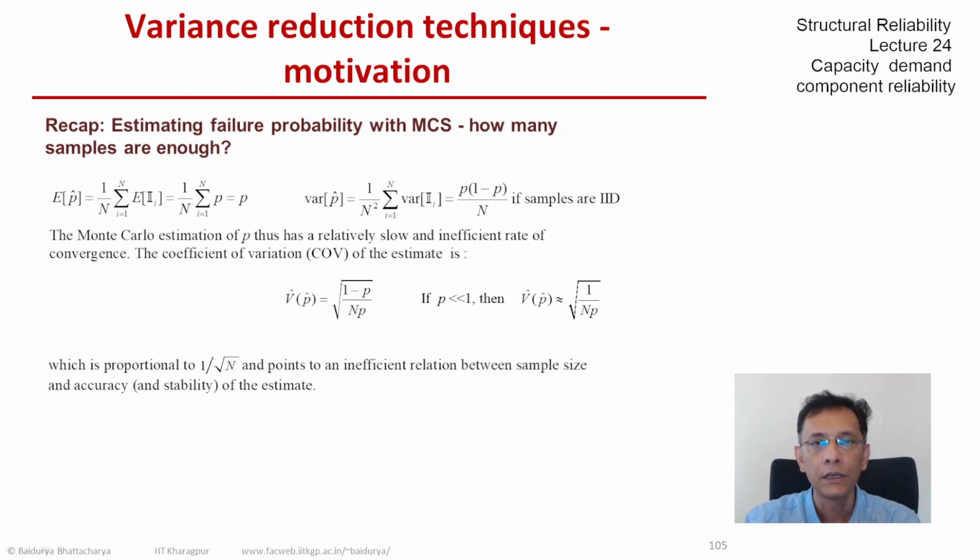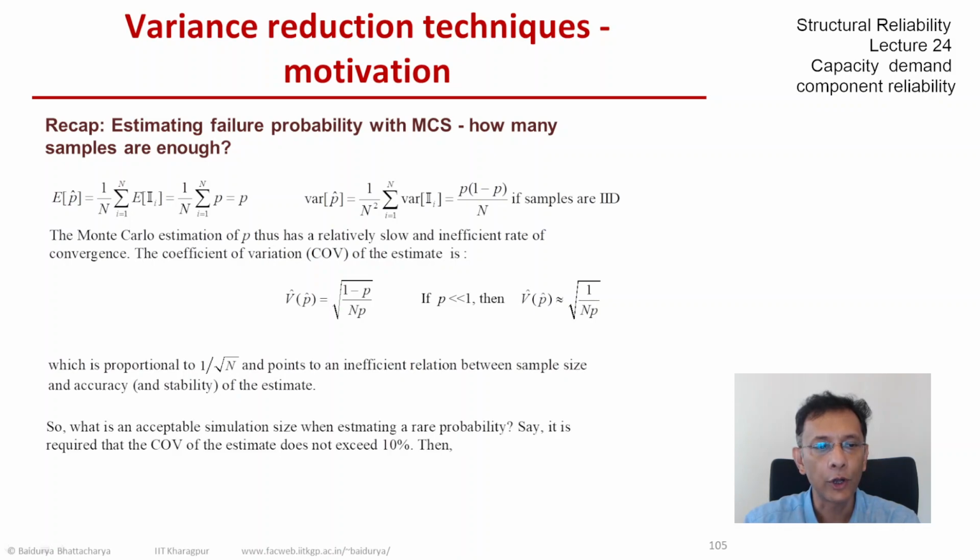Here is an example that we saw. If we want to limit the COV to 10%, the number of samples that we would need to generate would be of the order of 100 over p.